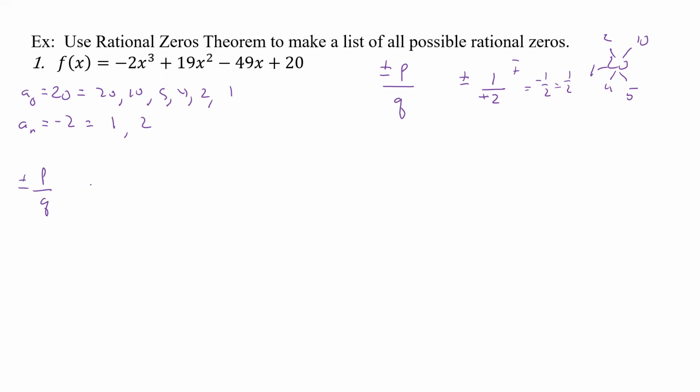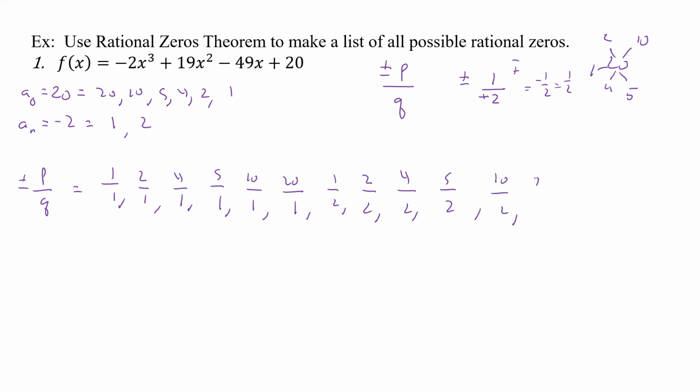So we can have 1 over 1, 2 over 1, 4 over 1, 5 over 1, 10 over 1, 20 over 1. And then we could have 1 over 2, 2 over 2, 4 over 2, 5 over 2, 10 over 2, and 20 over 2. And those are all plus or minus.